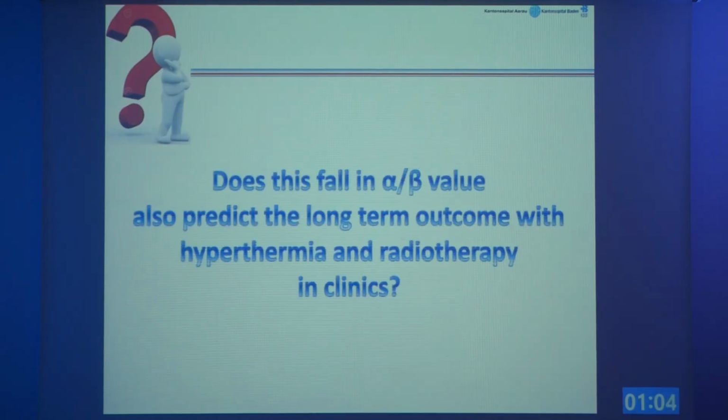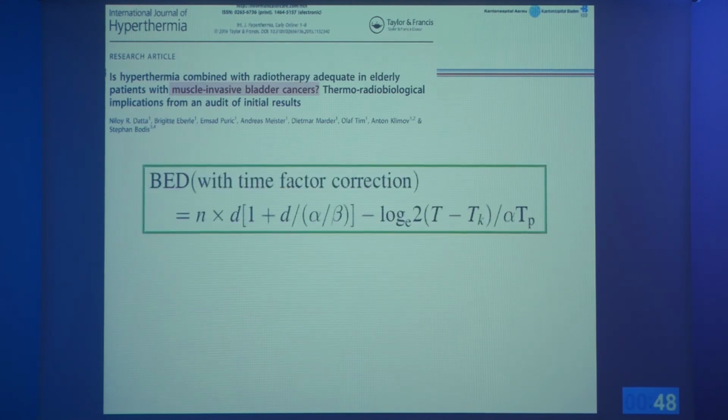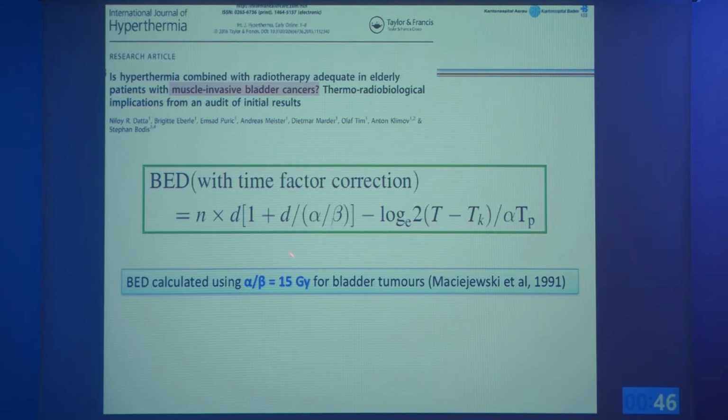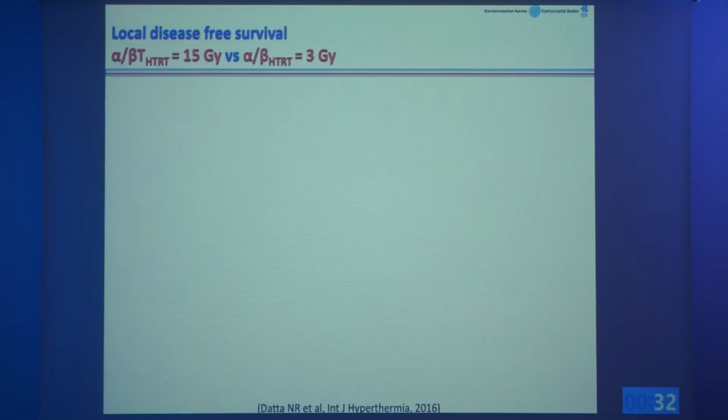Now, we have done this for complete response. Does it also apply when we look at the long-term outcome of these patients? Because that is more crucial. So we looked at some of our data for bladder cancer, which is not from this particular group. For invasive bladder cancer, we computed the BED with alpha beta as 15, because that's the value given by Majewski, and then computed assuming an alpha beta of 3, that is the thermoradiobiological BED.